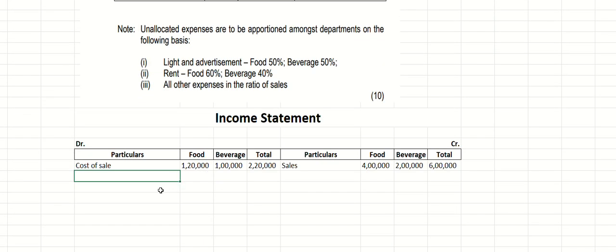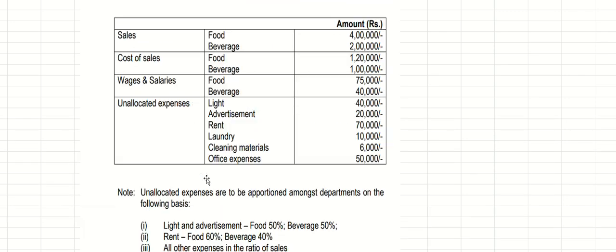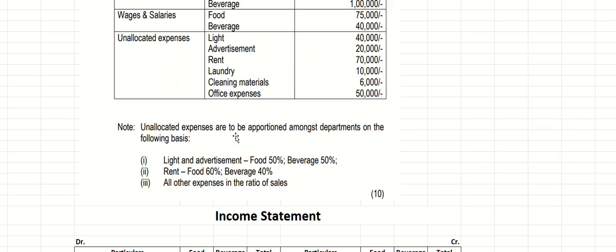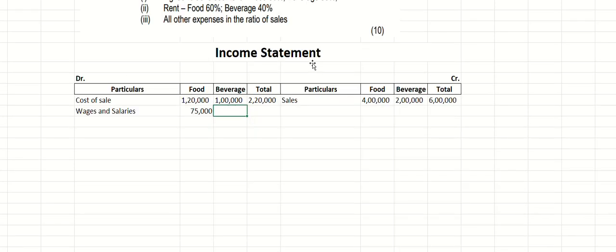Now we have wages and salary. Since they are given separately, we can take them here itself, because salary is often taken as an indirect expense, isn't it? But here we can take it as a direct expense. For the food department, the wages and salary was rupees 75,000. And for the beverage department, it was 40,000.